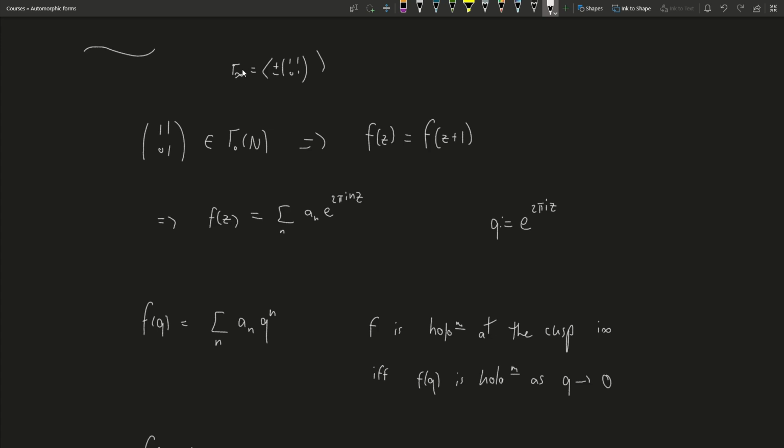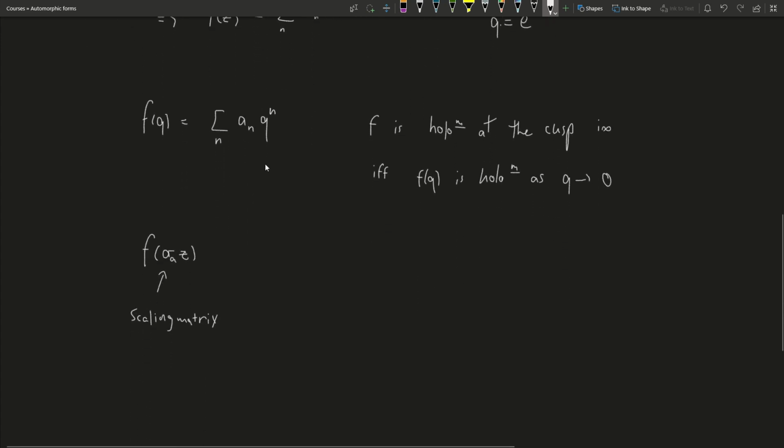So this is the stabilizer of the cusp infinity, and similarly you have stabilizers of all the other cusps, and if you do this change of variables, then you can write a Fourier expansion of f at those cusps as well. So here we can write, oh boy, let me write a sub n, and then I'll put in parentheses a, I'm sorry.